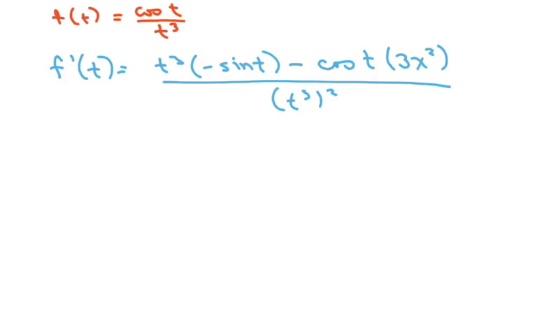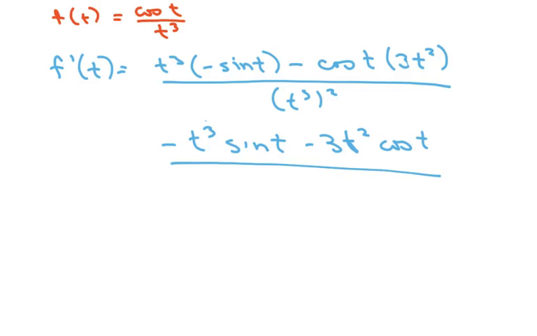And simplifying this, you're going to get t cubed times negative sine of t. Well, let's just fix this up. So if I fix this up, I'm going to get negative t cubed sine of t minus 3t squared cosine of t, this should have been a t, all over t to the 6th.